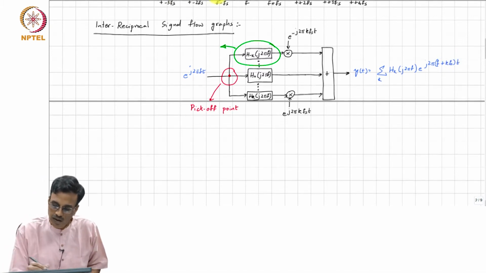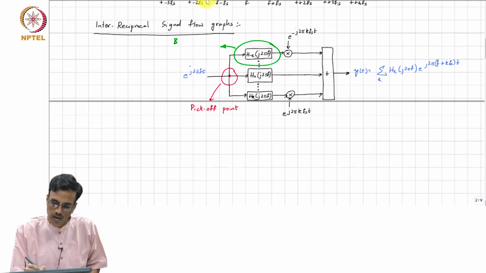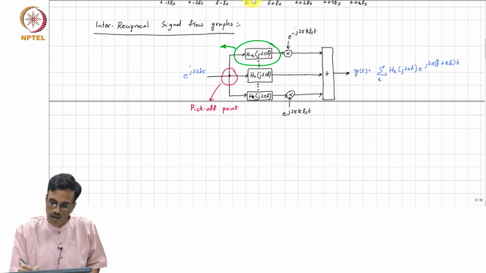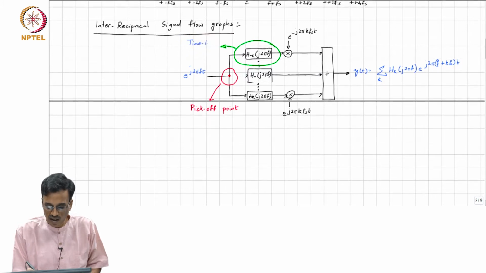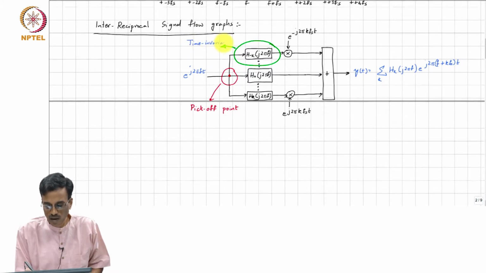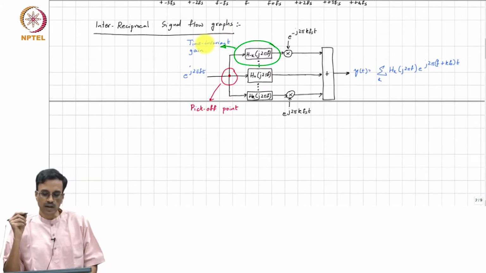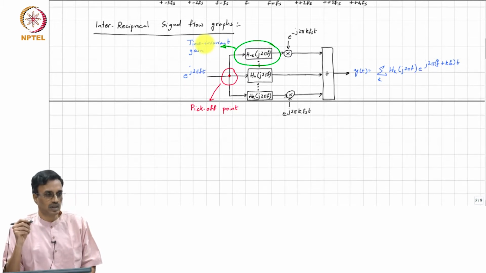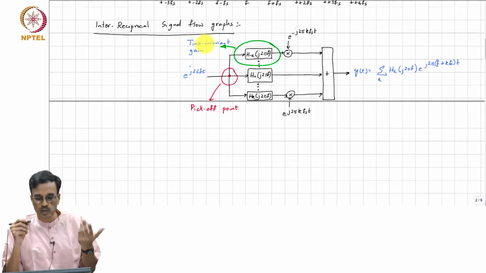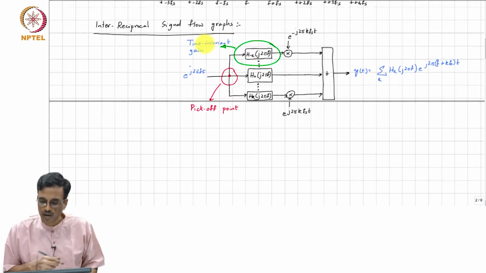So, this is an example of a branch with a time invariant gain, because remember that these h sub k's correspond to the frequency responses of filters that are linear and time invariant.